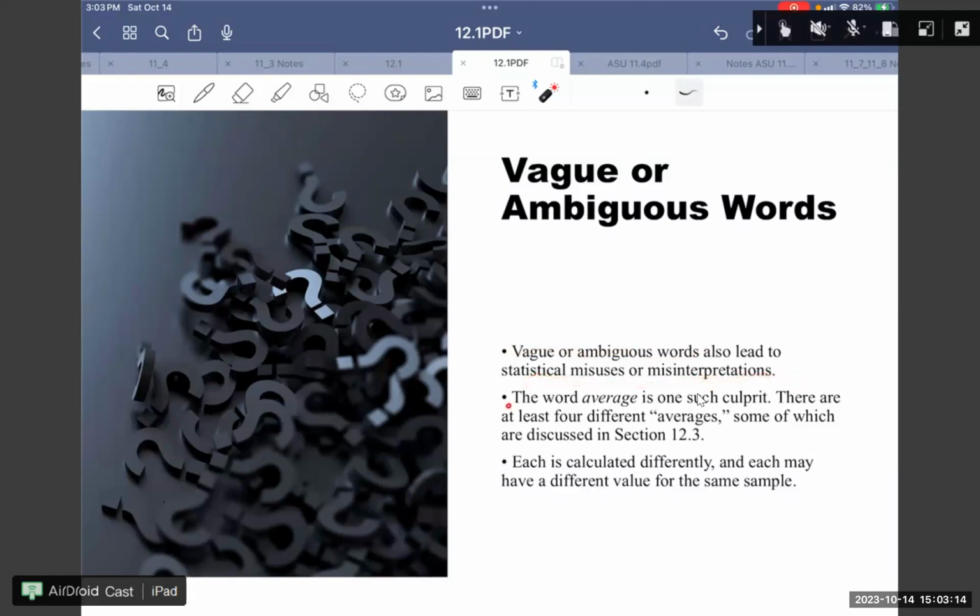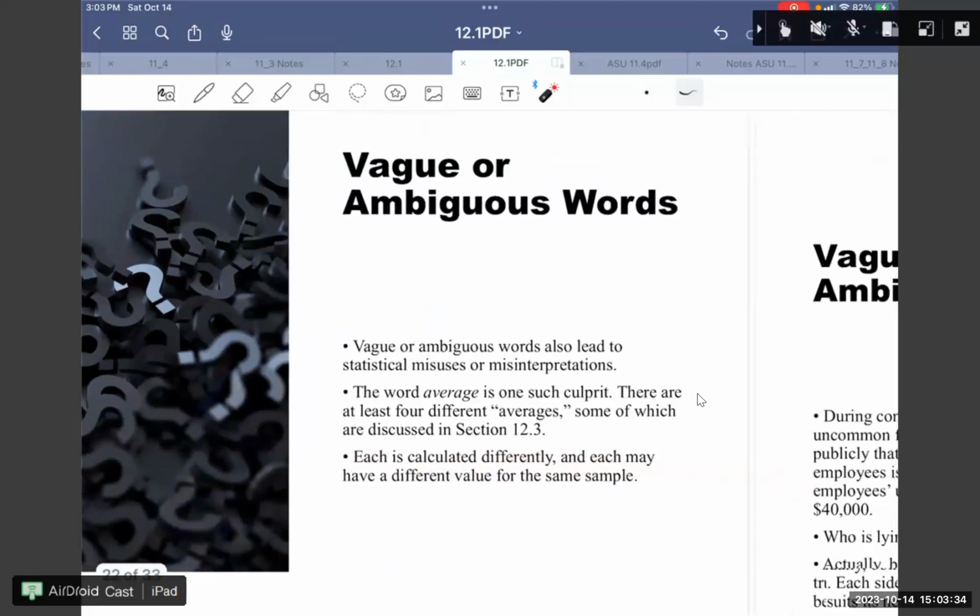There are at least four different averages, some of which are discussed in section 12.3. Each is calculated differently, and each may give a different value for the same sample.